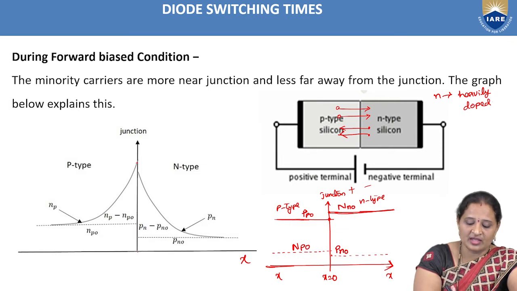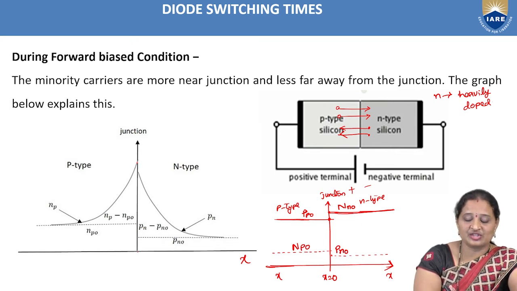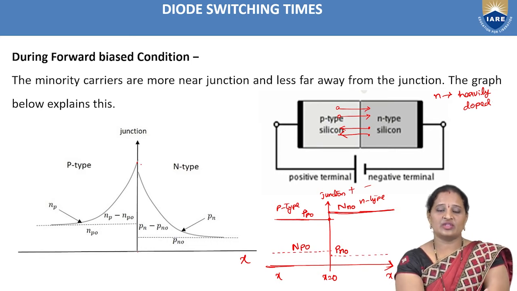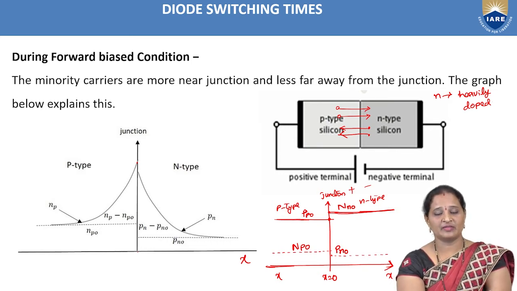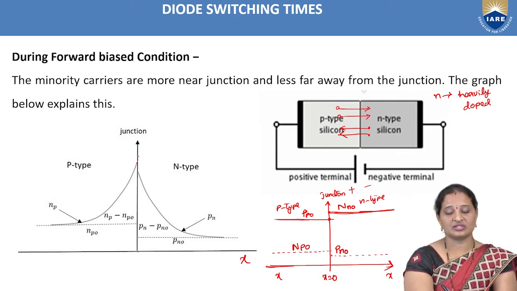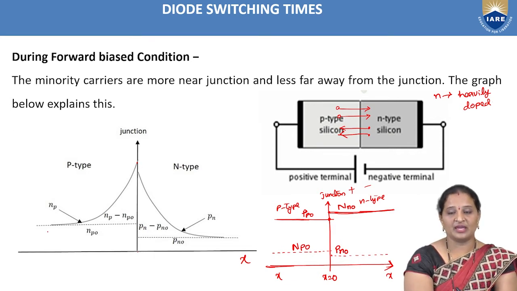That is why the minority carrier concentration in the p side is represented like this. At the junction it will be more, and then the electrons recombine with the holes, so the minority carrier concentration reduces as we move away from the junction. So that is Np here.